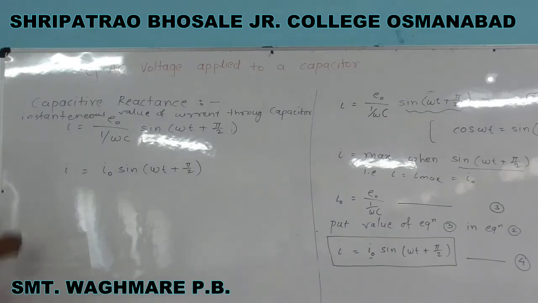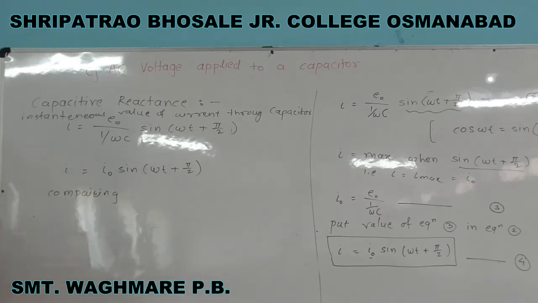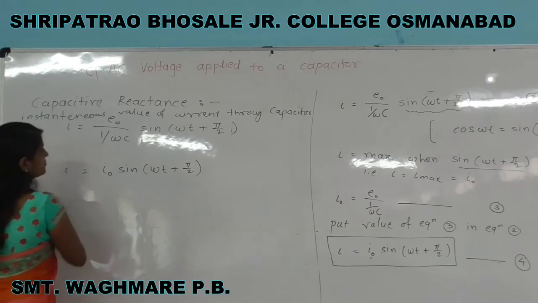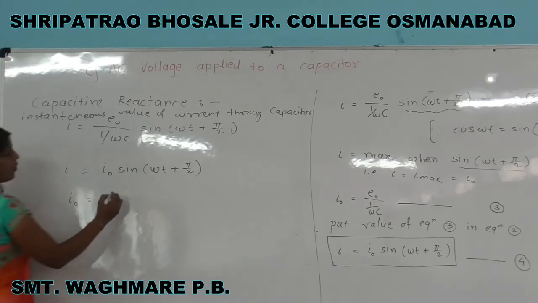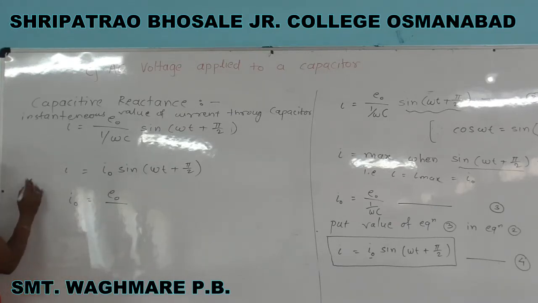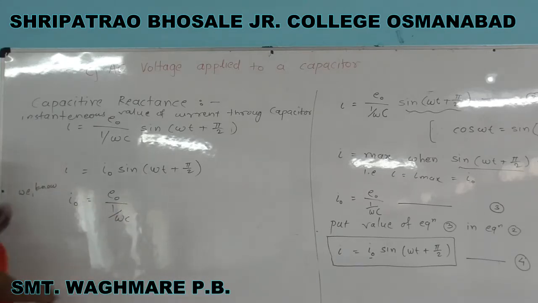If we compare these equations, we know that I naught is equal to E naught upon 1 upon omega c.